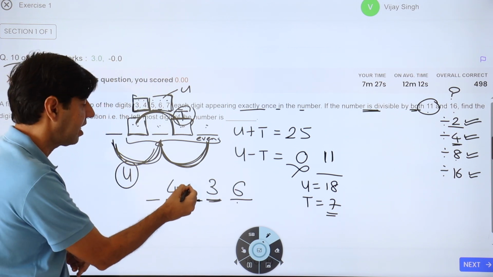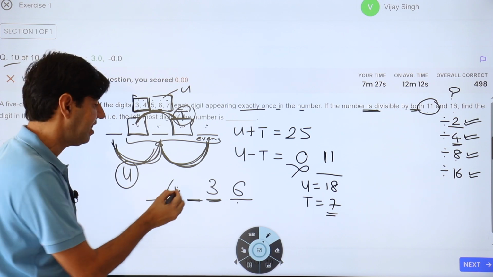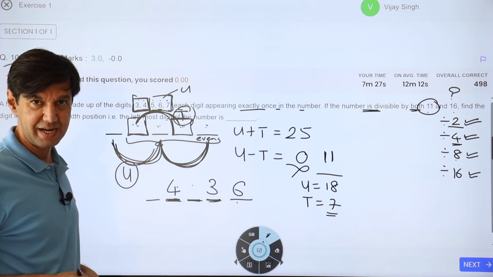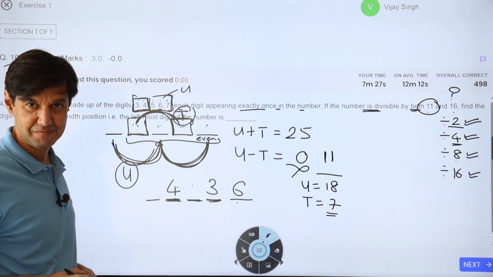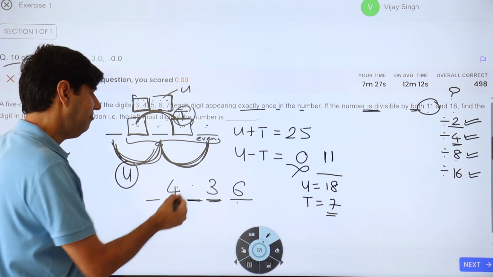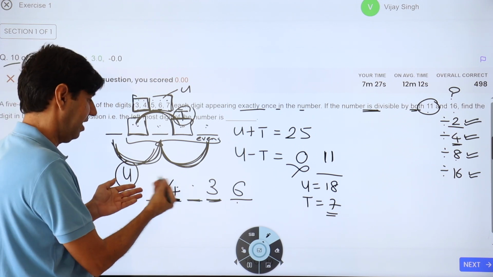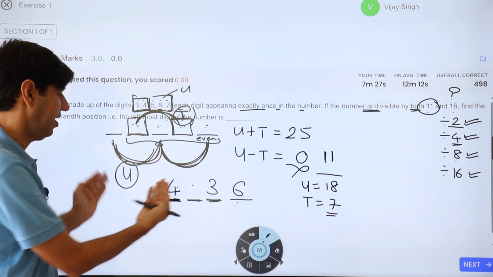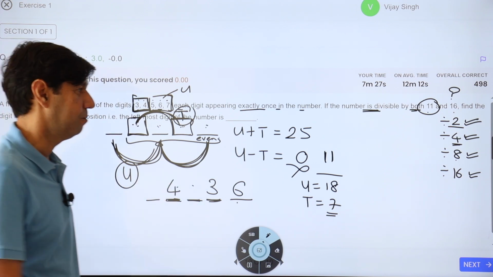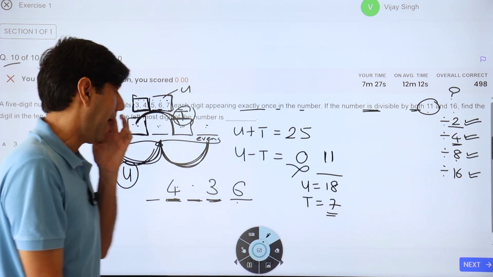So 1, 3, 5, 7, anything can come in here to make it divisible by 8. But if 5 can also come, 7 can also come, then we are still back to the same question. Where does 5, where does 7 go? So 8 does not really help us.